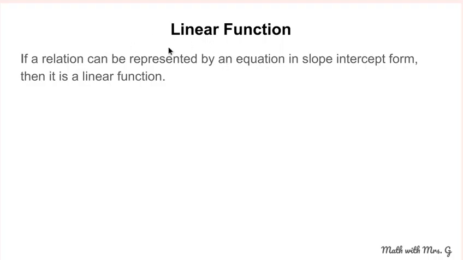Otherwise, let's talk about when we say yes, it's a linear function. If a relation can be represented by an equation in slope-intercept form, then it is a linear function. So we answer this question: can I write y equals mx plus b?